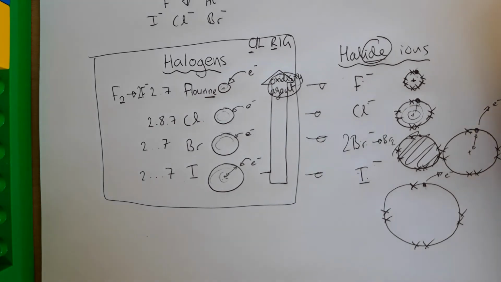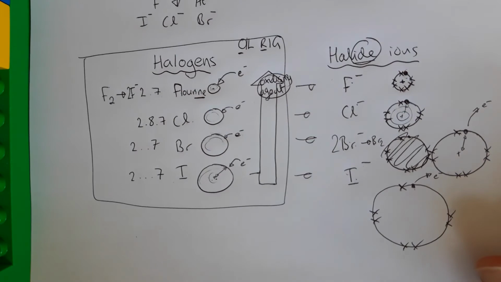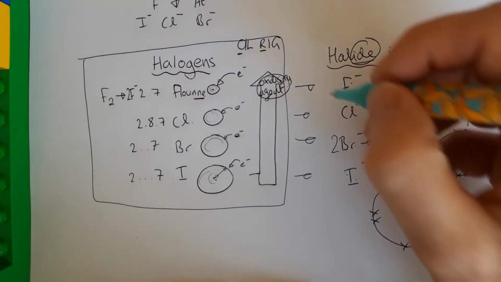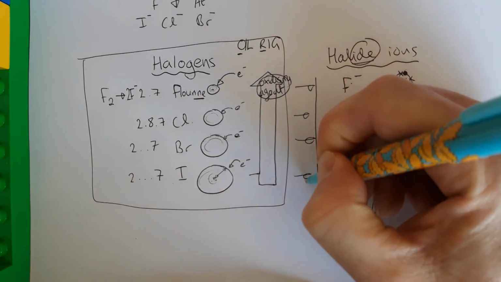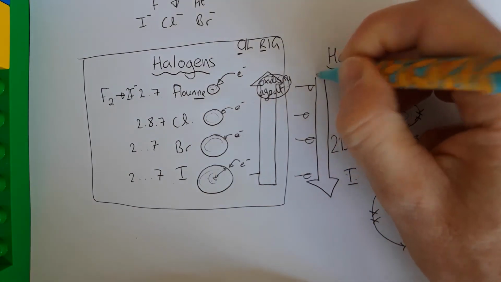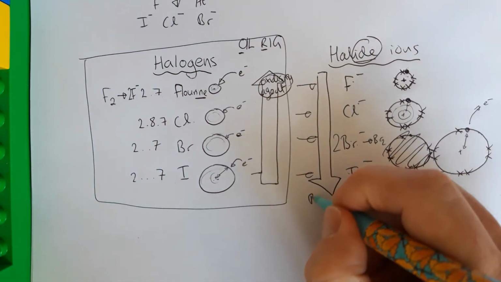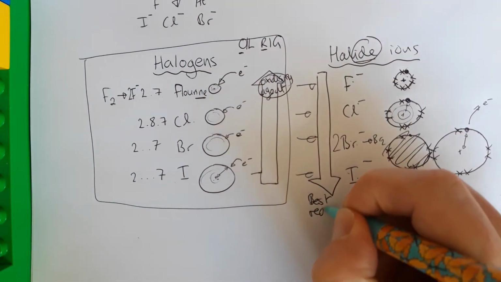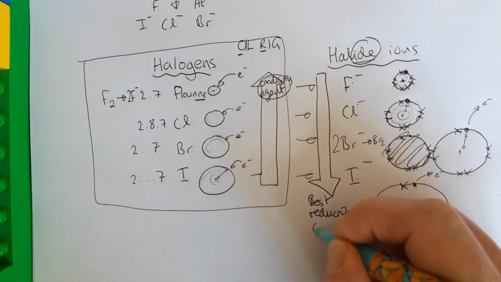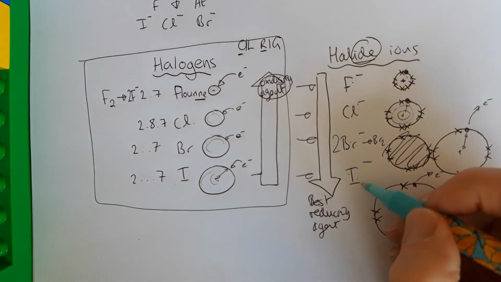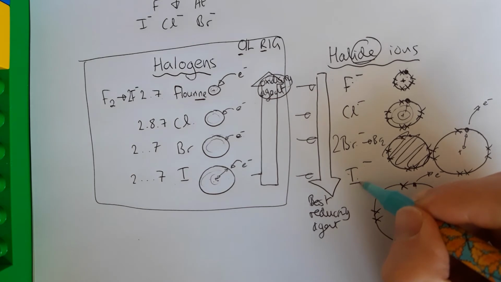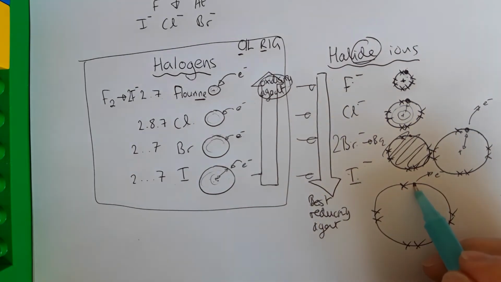What that means is, if I draw an arrow down the side here, going to draw it down here, halide ions, the best reducing agent is an I- ion because it can release its extra electron really easily.